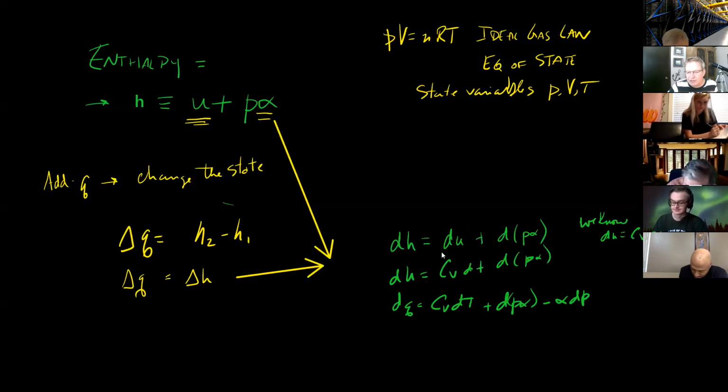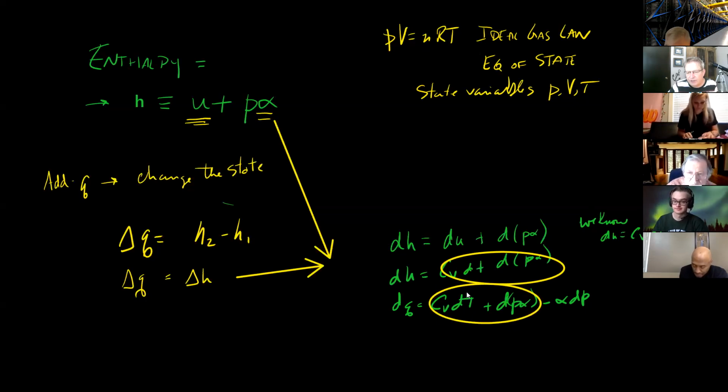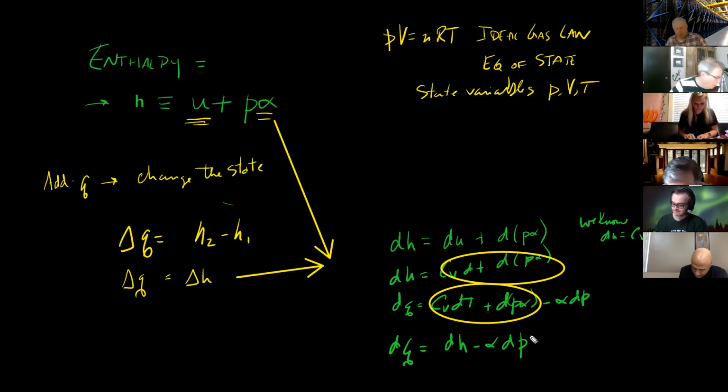Do you understand that CV dt plus dp alpha is right here? They're the same. So what that tells me I can do is dq equals dh minus alpha dp. Which is what we wanted to get to.